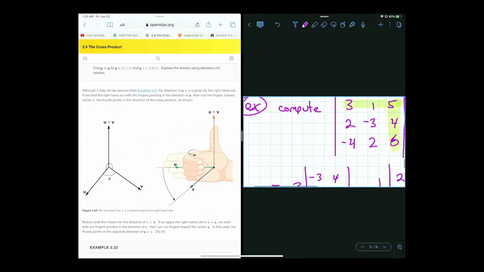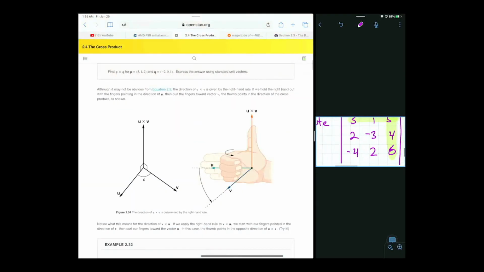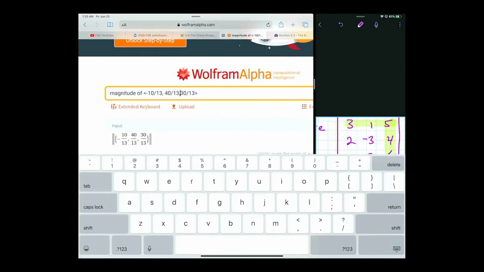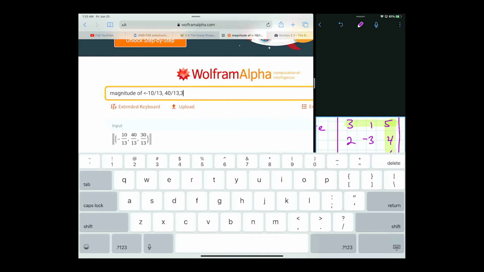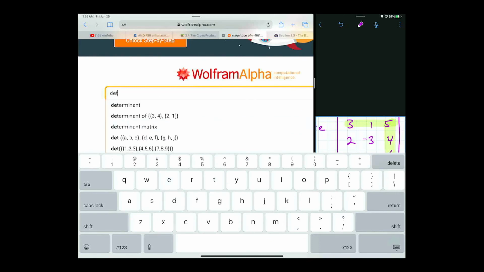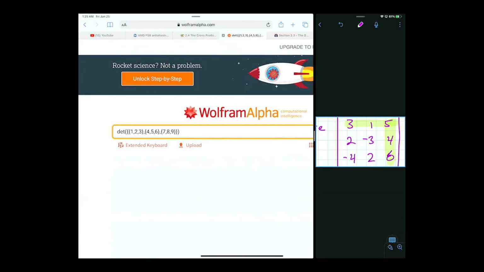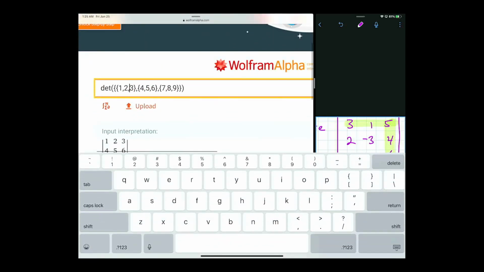If I'm trying to calculate this, the way you would normally do it is you just say DET for determinant, and you can see it tells you how to type them in. Usually I'll be pretty lazy. I'll take one that's already typed in and just change the numbers.